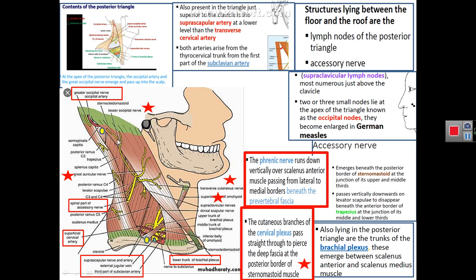First, the lesser occipital nerve directed upward toward the occipital region, and then the great auricular nerve, which is running upward toward the auricle, the transverse cervical nerve, or anterior cutaneous nerve, running forward to the skin of the front of the neck, and the supraclavicular nerve, which is running downwards, supplying the skin above the clavicle. All these 4 cutaneous nerves are branches of the cervical plexus. They project from the middle of the posterior border of the sternomastoid muscle.